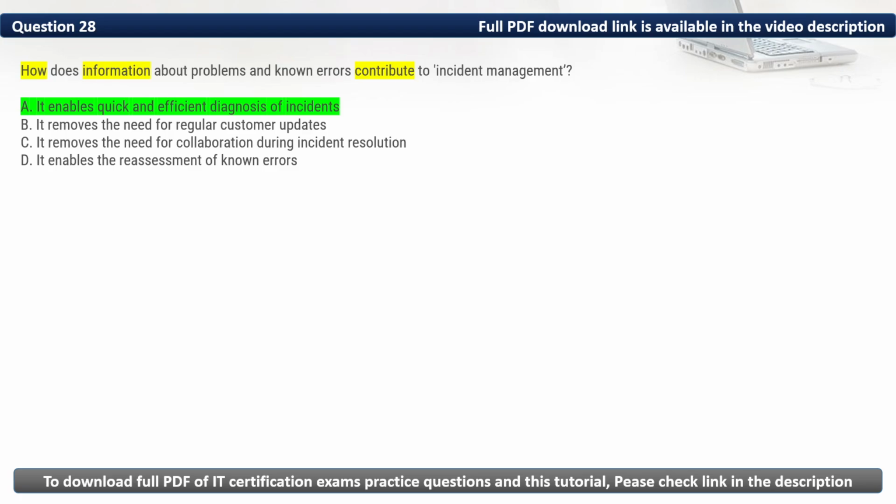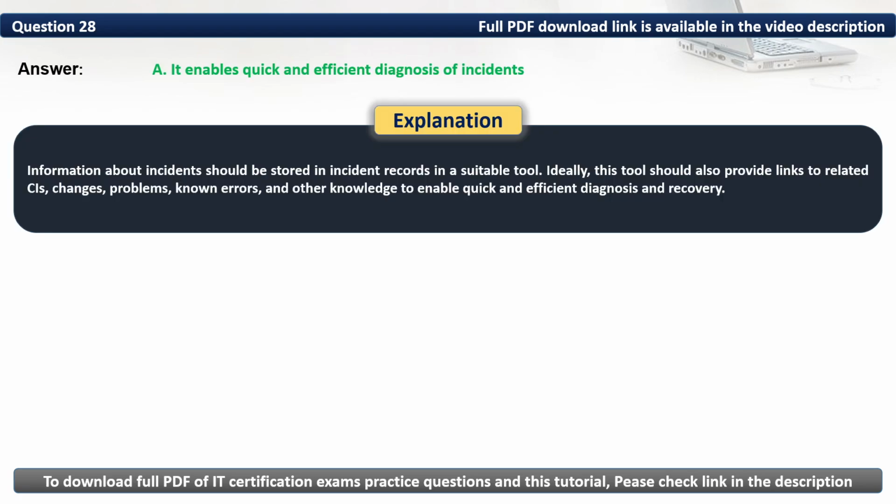Thus, the correct option is A. Information about incidents should be stored in an incident record in a suitable tool. Ideally, this tool should also provide links to related CIs, changes, problems, known errors, and other knowledge to enable quick and efficient diagnosis and recovery.